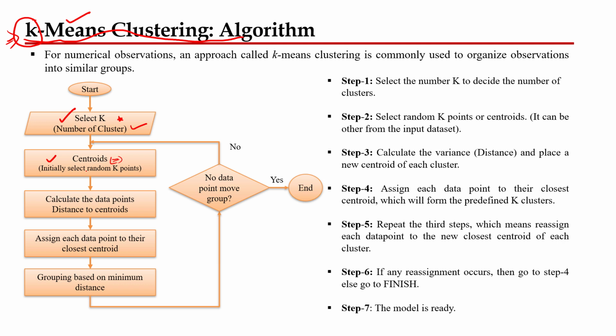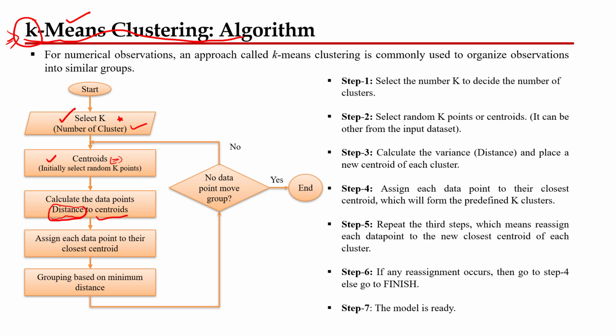Once we have decided k and the center points, we are going to calculate the distance of every data point to the center point. There are different methods to calculate the distance between every data point and the center point.